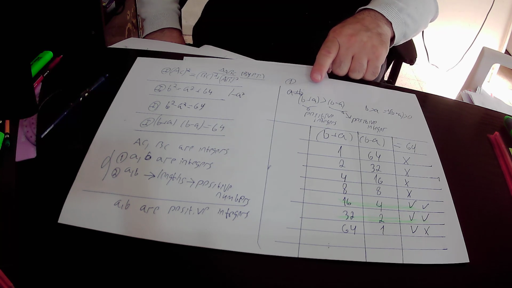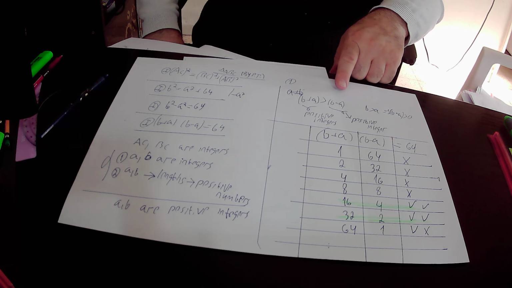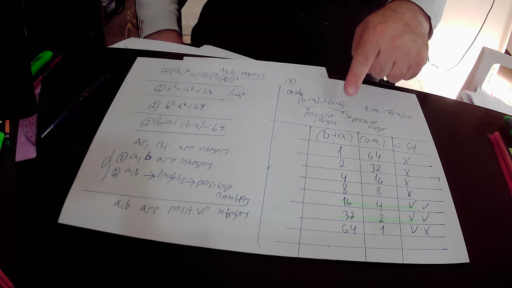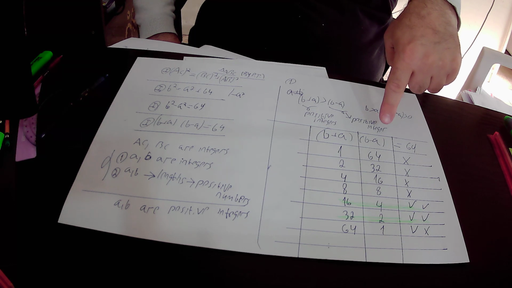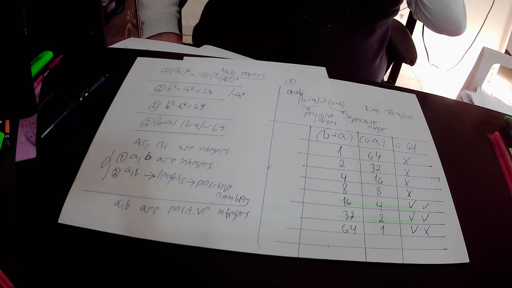So B plus A must be greater than B minus A. That is to say, the first number, B plus A, must be greater than the second number, B minus A.